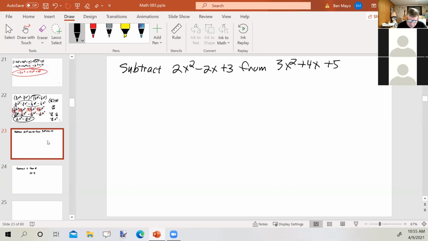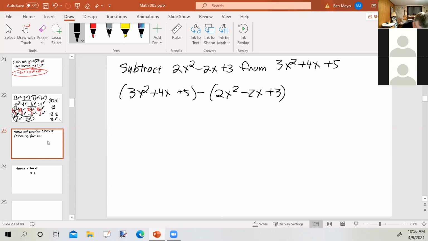This says subtract 2x squared minus 2x plus 3 from 3x squared plus 4x plus 5. So what I'm going to have is 3x squared plus 4x plus 5 minus the quantity 2x squared minus 2x plus 3. And let's go back for a minute. What if I write that?